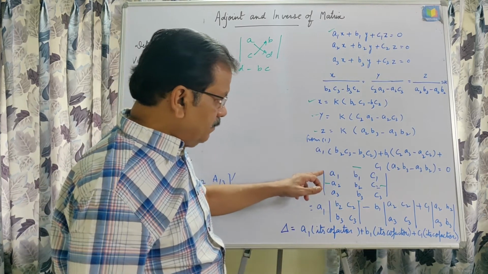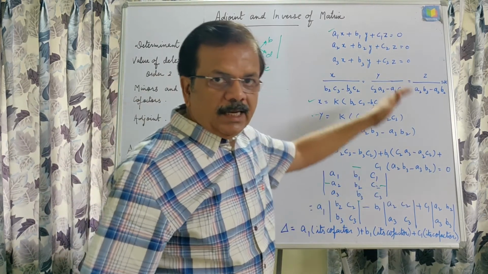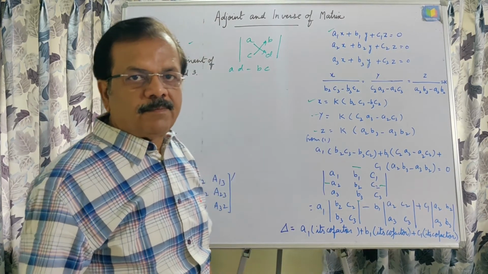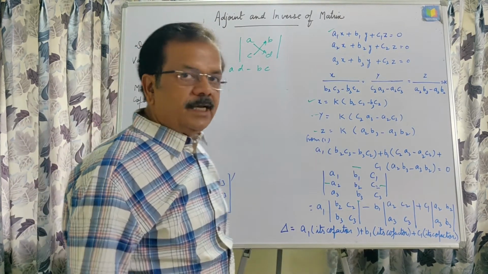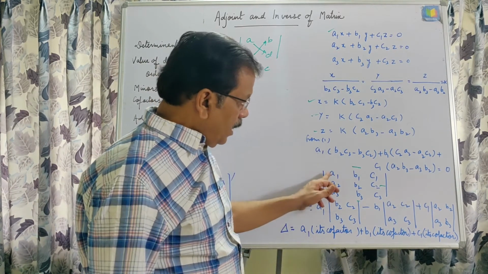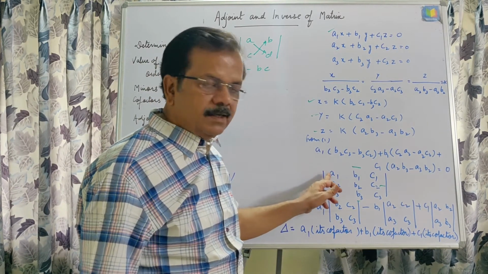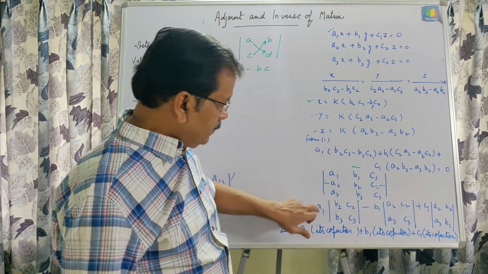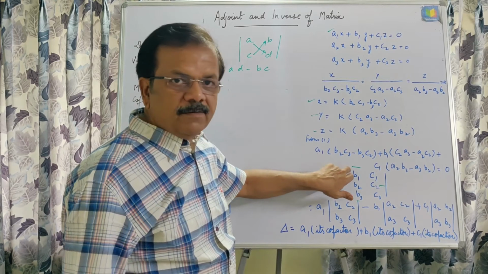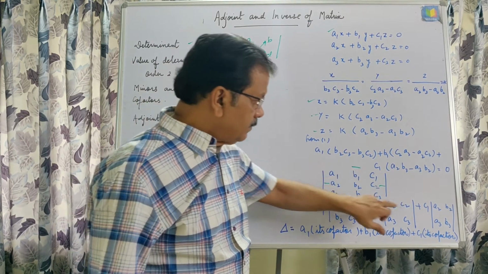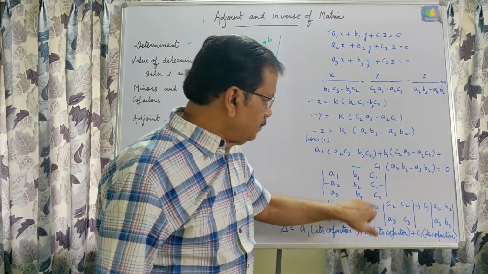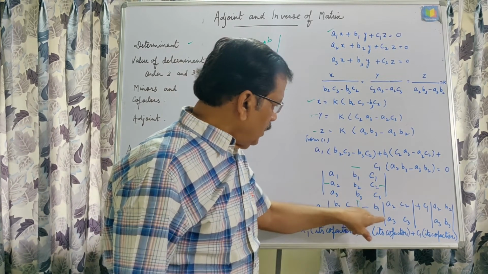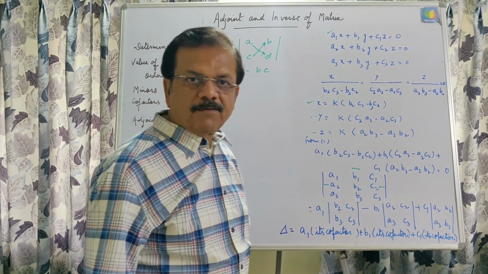Suppose we are expanding with respect to the first row. In any determinant the number of rows and columns will be the same. This was not there in matrices. Now if we expand with respect to the first row, this determinant A1 will be positive, the second value will be negative, then this value will be positive: minus B1 and hiding this, and we are getting A2 C2 and A3 C3 in determinant form.